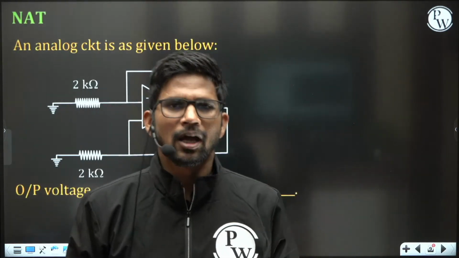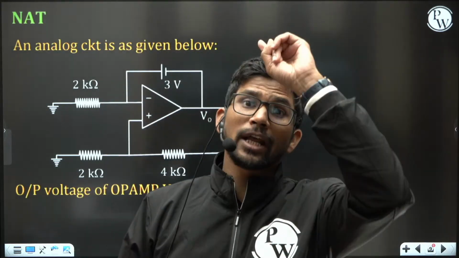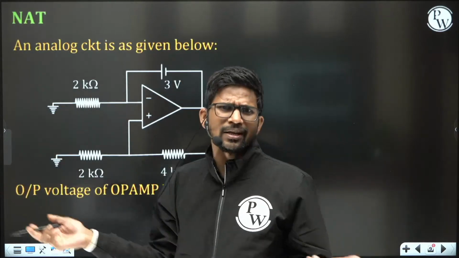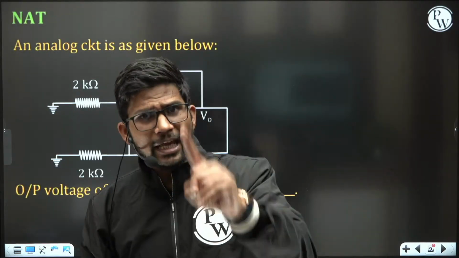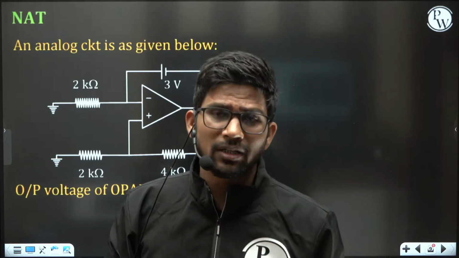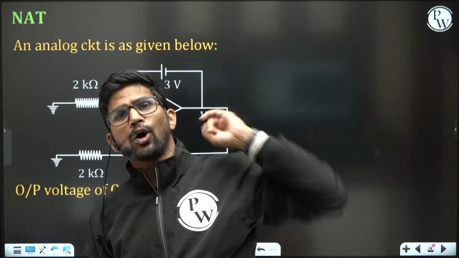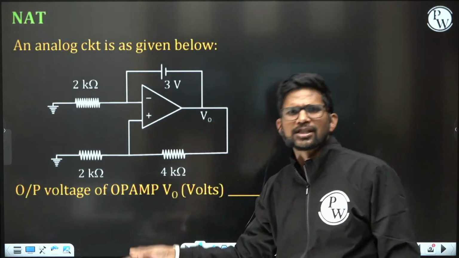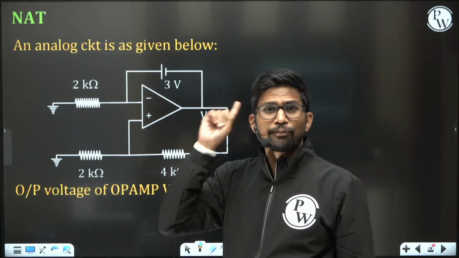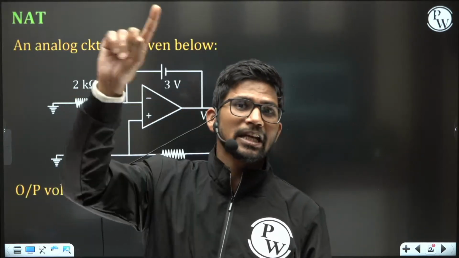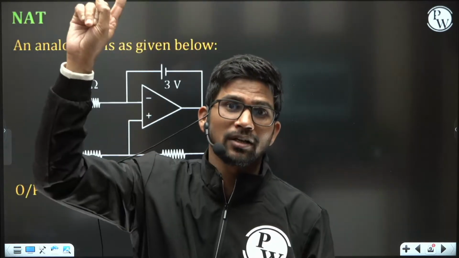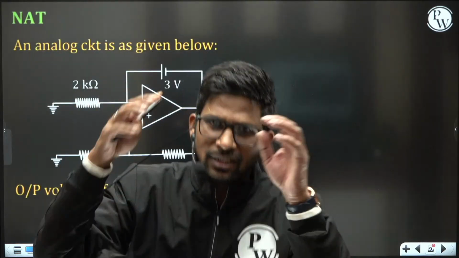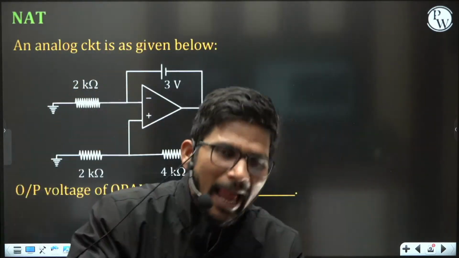Always remember, if negative feedback is through a resistive network, this is obviously a resistive network, a DC voltage source and resistor, then that will always be dominating irrespective of the type of feedback connected at the positive terminal.